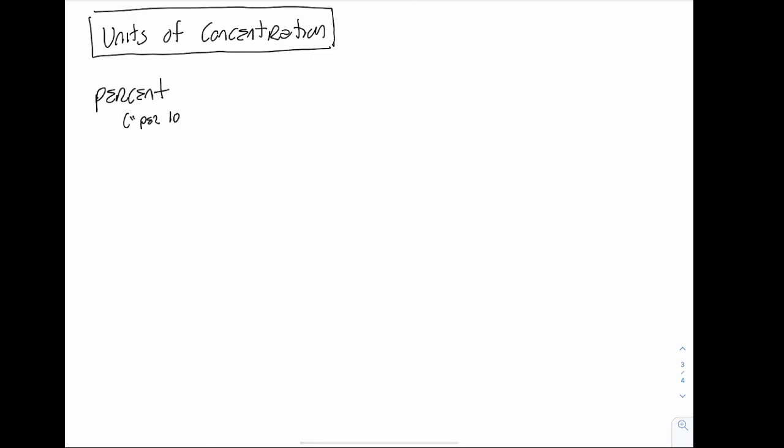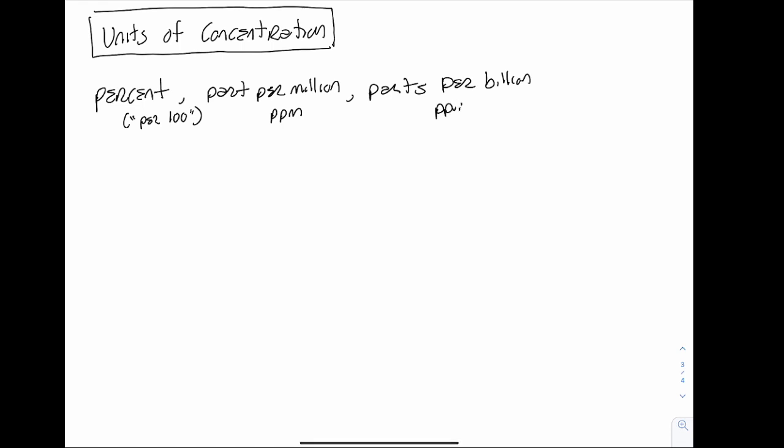So per 100, parts per million, which is per million. You can think of percent as parts per 100. Parts per million we abbreviate ppm, and then parts per billion, which is literally parts per billion, ppb, not m.